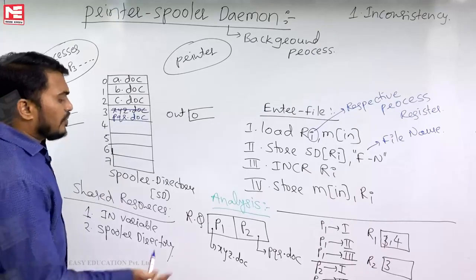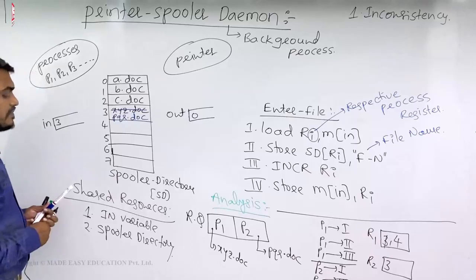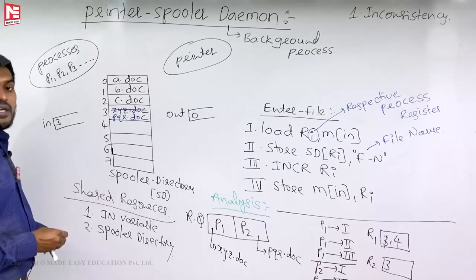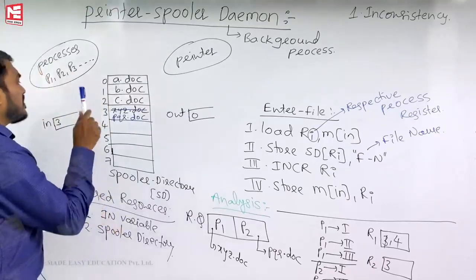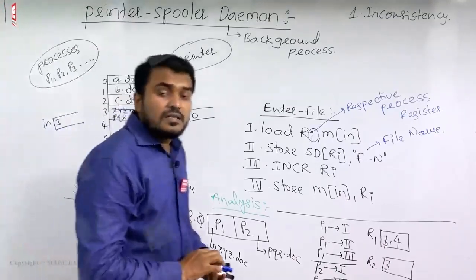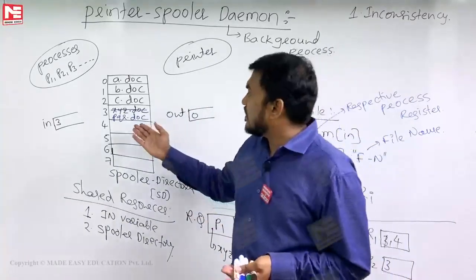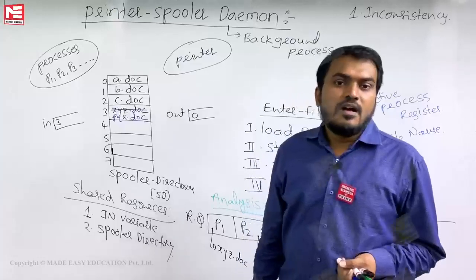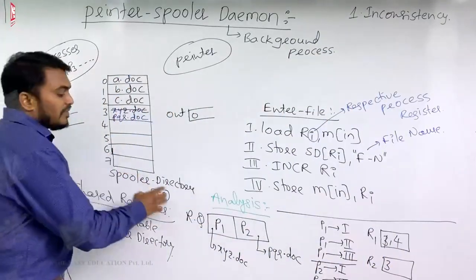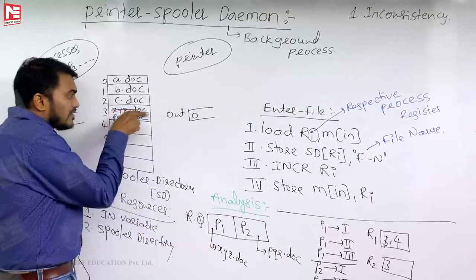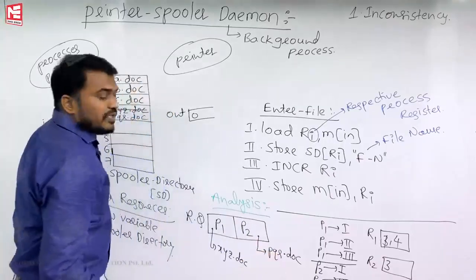Now look at here. Now process P2 executed the second instruction. But what is the problem you observed here? Whatever file process P2 has placed, that is overwritten by process P2's file. Whatever file process P1 has placed, that is xyz.doc, is overwritten by process P2's file. What is the P2 file? pqr.doc.